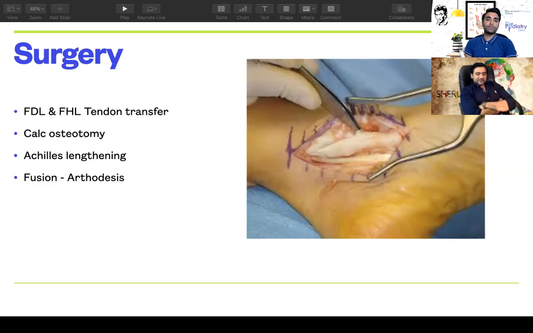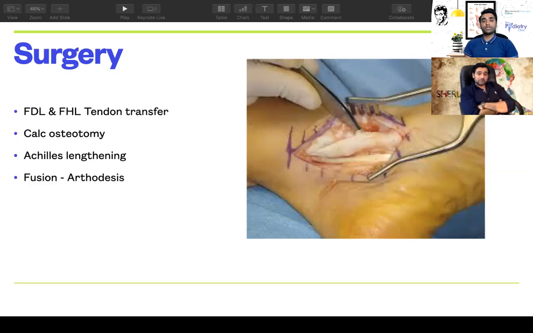So flexor digitorum longus and flexor hallucis longus. And that's not too bad. I actually had fairly good results. Patients have been really happy with it. Did they get proper function back? Not really. But do they get relatively pain-free? Yes, with an improved function, yes.